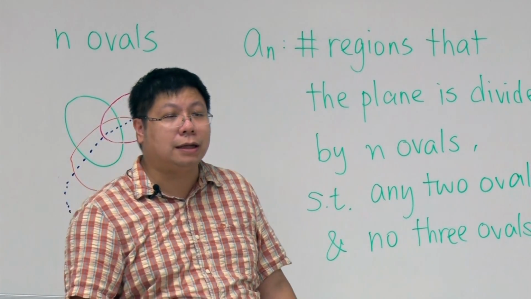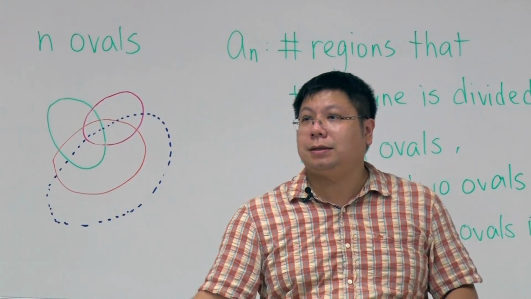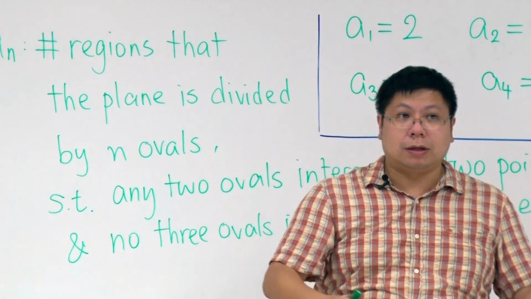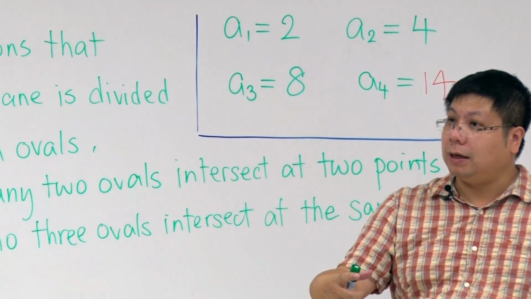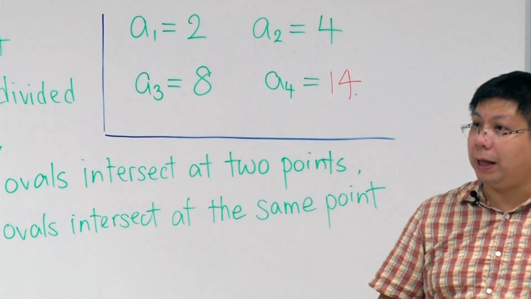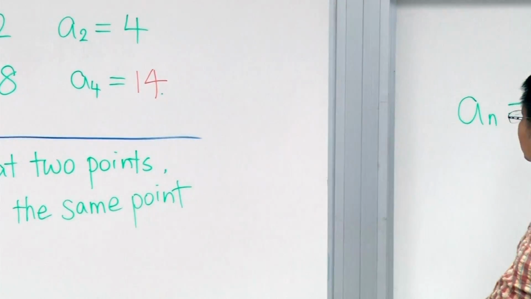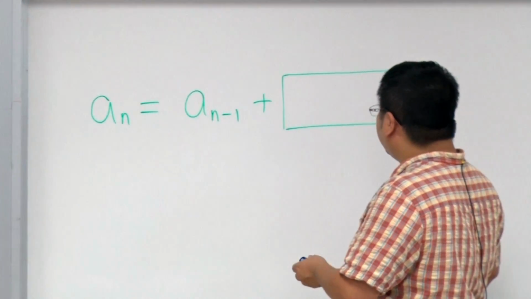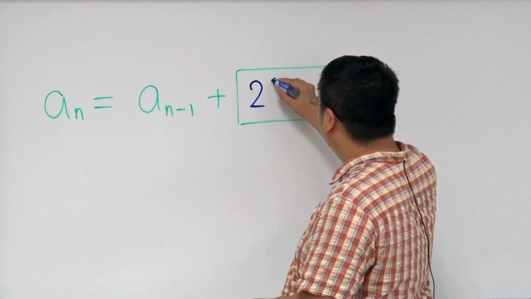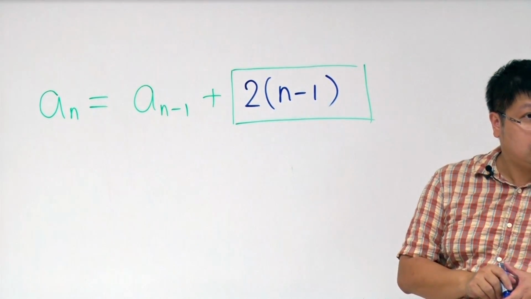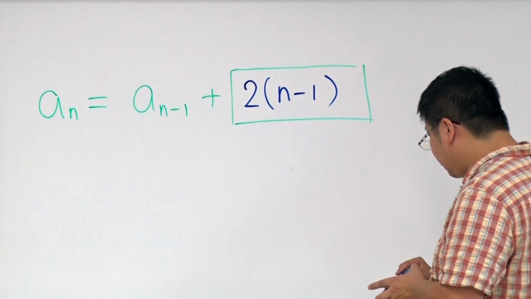Because you recall that each oval cuts the other oval in exactly 2 locations. So the last oval, when you add it, it is crossing the first oval in 2 places, the second oval in 2 places, up to the (n minus 1)th oval in 2 places. So we should be adding 2 times (n minus 1). So this is a recurrence relation for this problem.